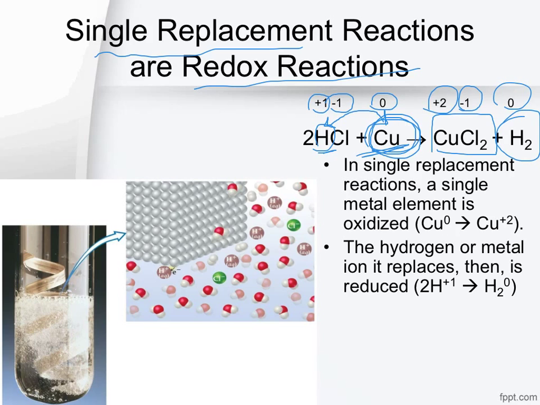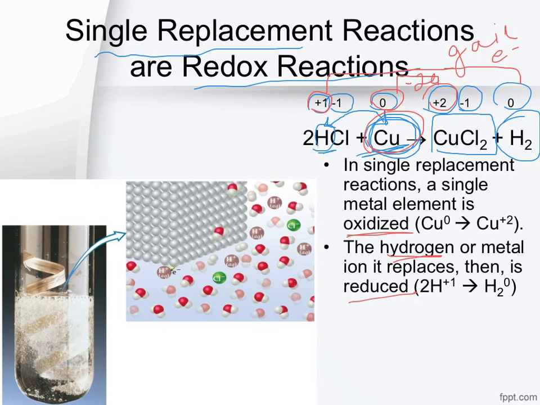Well, let's see. Hydrogen, going from +1 to 0, has gained 1 electron. So it has been reduced. Hydrogen has been reduced. And copper has gone from 0 to +2, so it has lost 2 electrons. So copper has been oxidized.